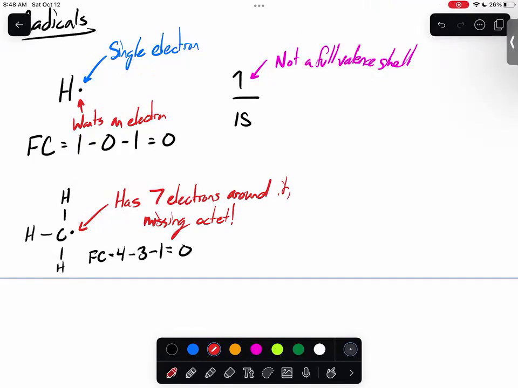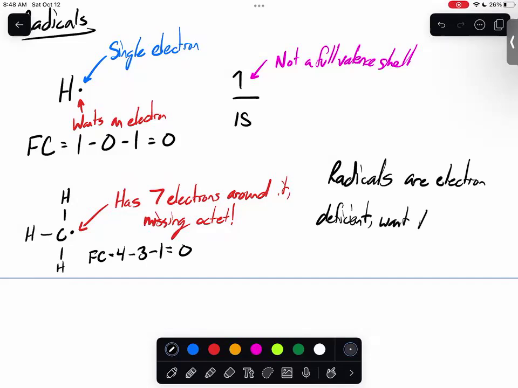So we can make a blanket statement about radicals, which are these single unpaired electrons: radicals are electron deficient, because they want to fill that octet, or fill that valence shell in the case of hydrogen.